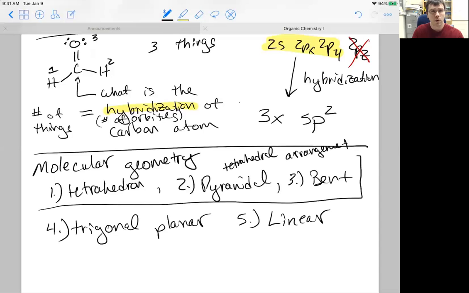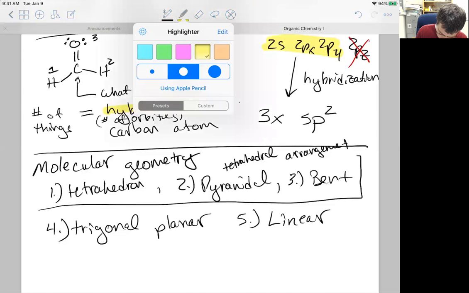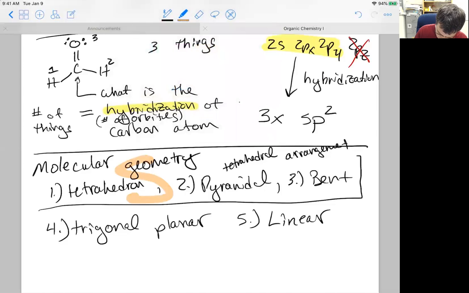So these first 3 we've already touched on, and these first 3 have a tetrahedral arrangement. That is, we've got 4 things attached. So all of these use sp3 hybrid orbitals. They all have this tetrahedral arrangement. Now the other 2 are kind of interesting examples.